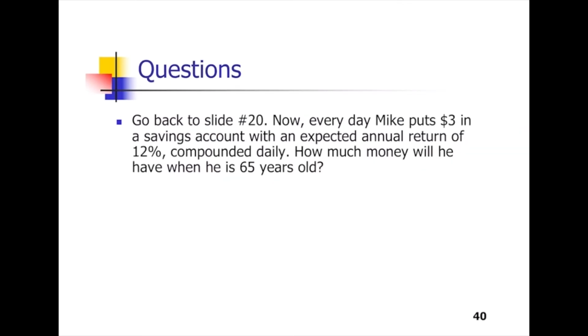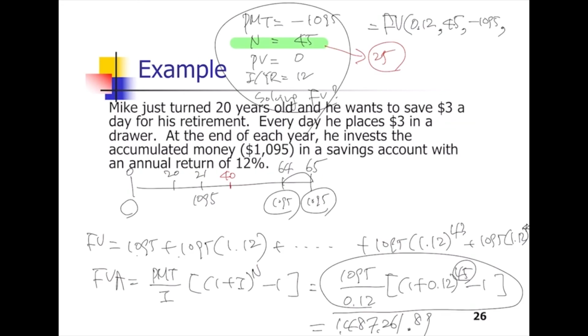Back to slide number 20. The example is here. One thing I would like to tell you, I made a mistake. There is no cash flow when Mike just turned 20 years old. Cash flow starts when he is 21 years old.